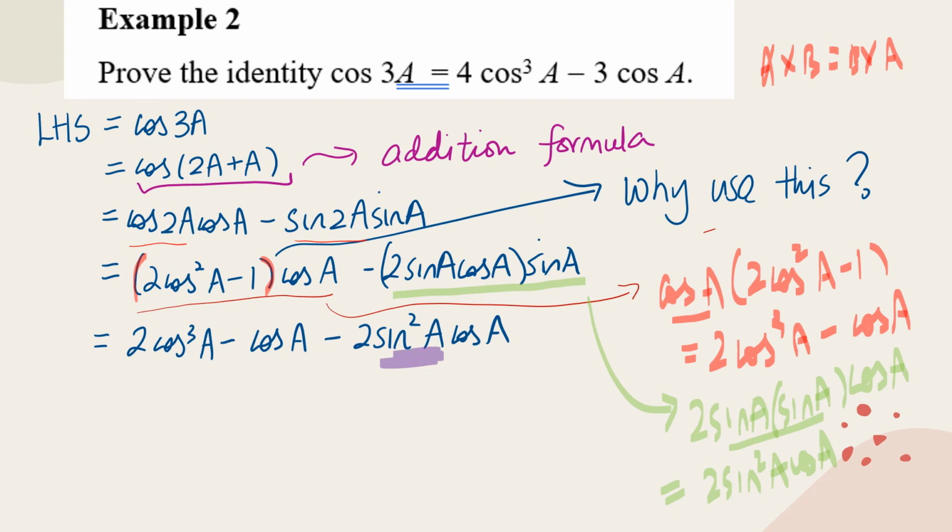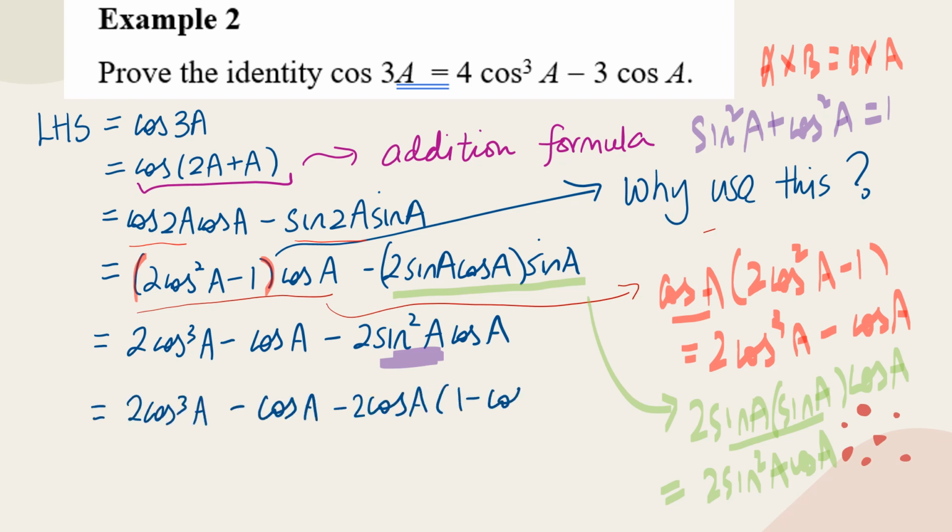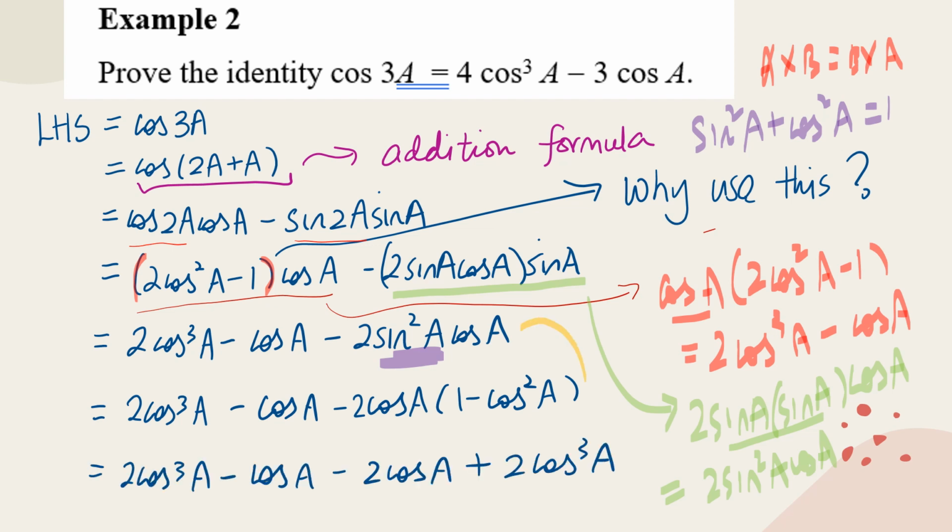So hence we will have to use the Pythagorean identity that we have learned earlier. Alright, so sine squared a is 1 minus cos squared a. So I'm going to replace my sine squared a with 1 minus cos squared a. Again, what I've done here is I rewrite it as 2 cos a then times sine squared a.